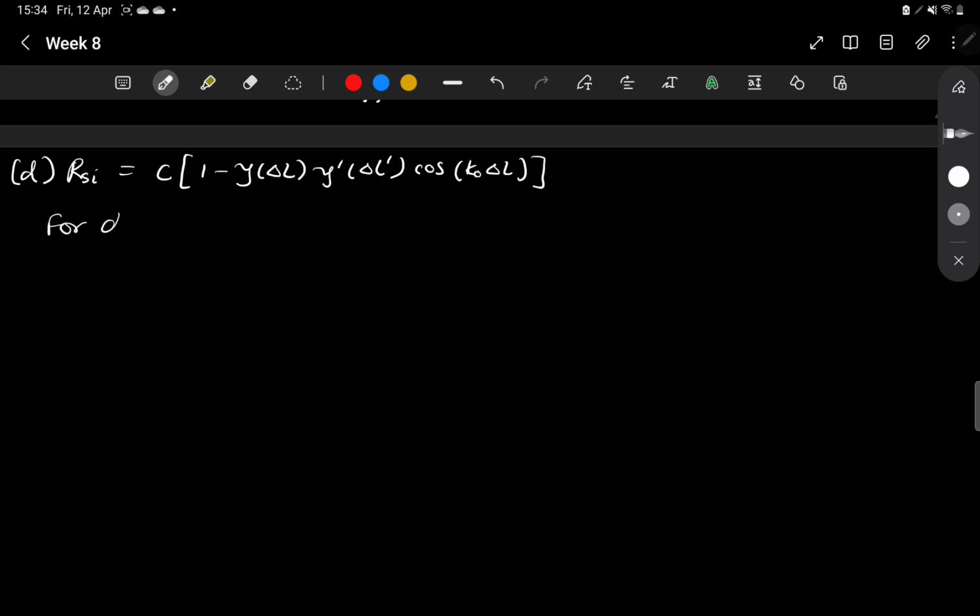Now from this, for the dip, what we need is delta L equals 0, so gamma delta L becomes 1, and in this case RSI for the dip is the following.